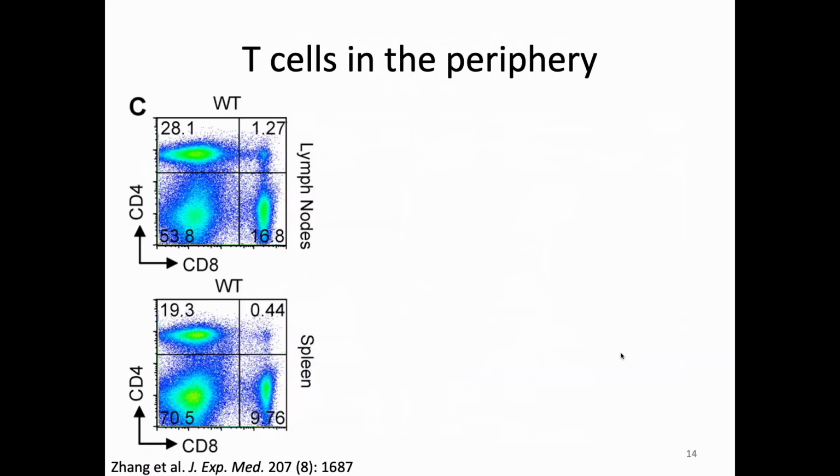We can also look at the T cells that come out into the periphery. When we look at organs of the periphery, the two organs we most frequently look at will be the lymph node or the spleen. We see something that looks a little bit different.